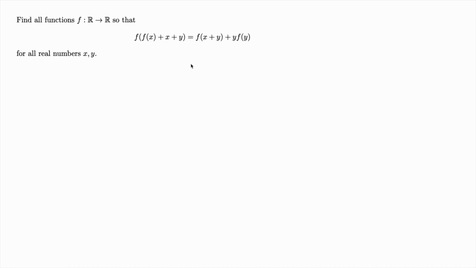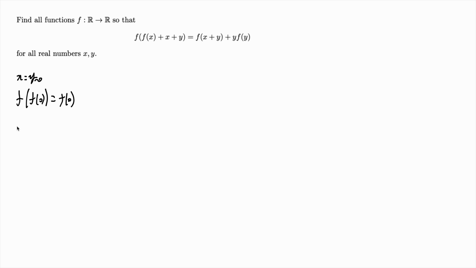And there are things that we need to do when we see a functional equation problem. The first thing is when x equals y equals 0. This time we get f(0) equals f(0). So this is something.